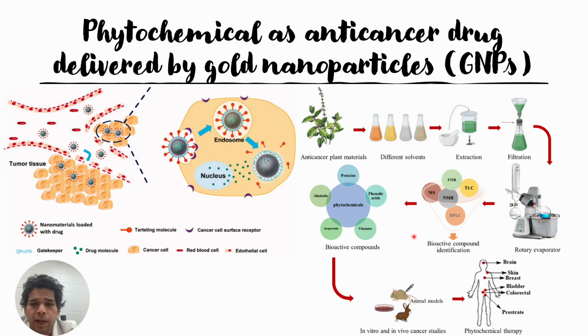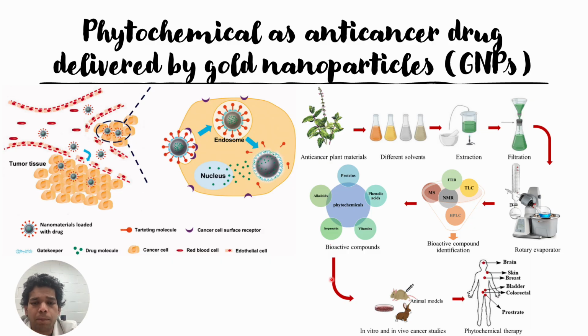Once they identify this bioactive compound, they will optimize it to have the maximum anti-cancer functionality. Once this bioactive compound is made, it is commonly called a phytochemical, a word that has been given to naturally occurring anti-cancer biochemicals.